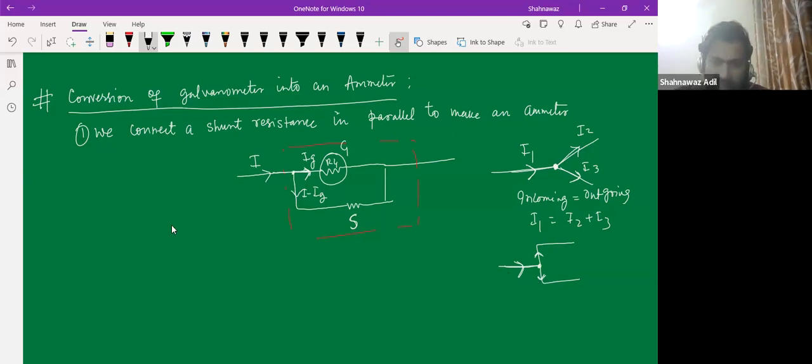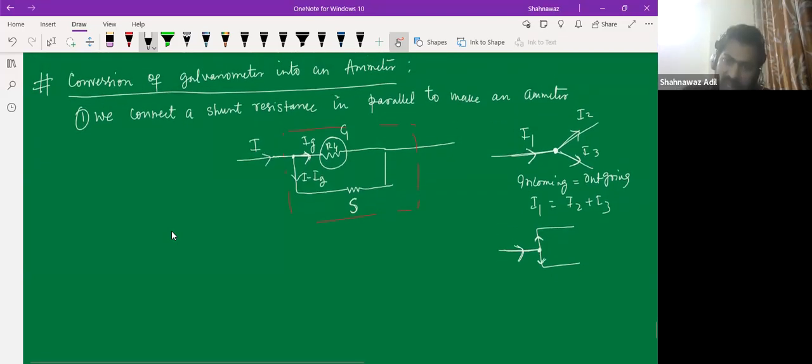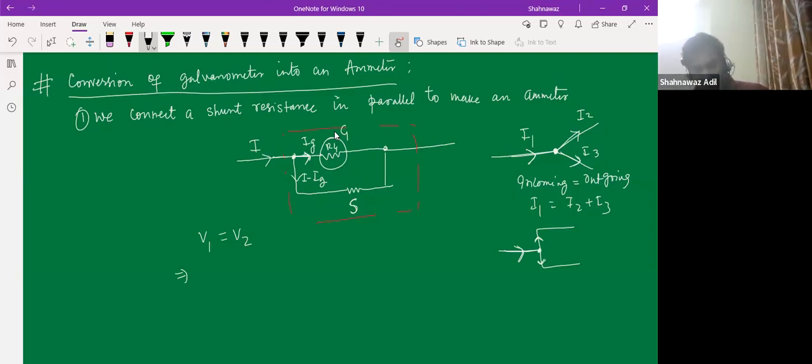Okay, so what is this shunt resistance? How can we calculate it? We see that these two are parallel with each other, right? So the voltage across this would be equal: V1 equals V2. What is the voltage in this device? Voltage is IR.